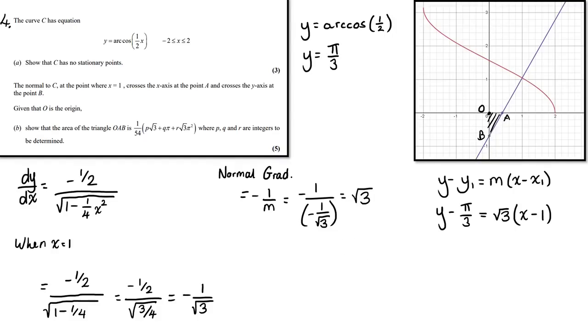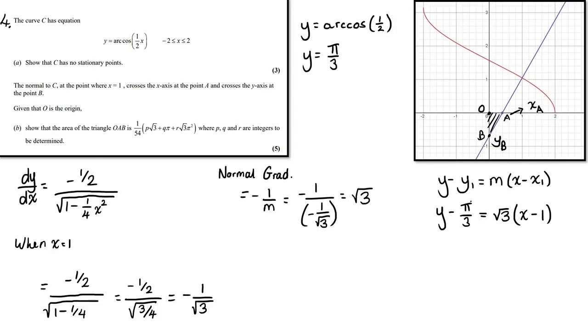What we need to do now is work out these 2 points. So this point here, I'm going to call that xa, that's x with the subscript a. And this point here, I'm going to call it y with the subscript b, like yb. Okay. And to work out these respective points, well, xa is when y equals 0, and yb is when x equals 0.